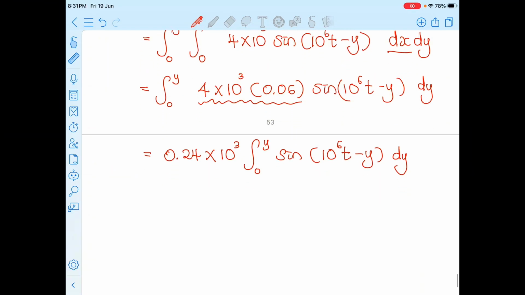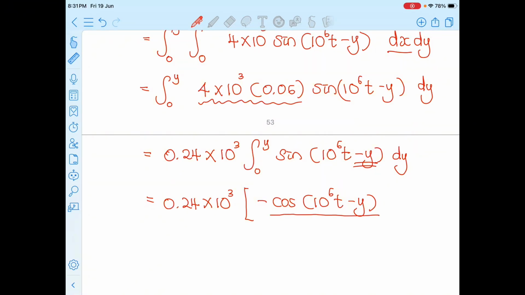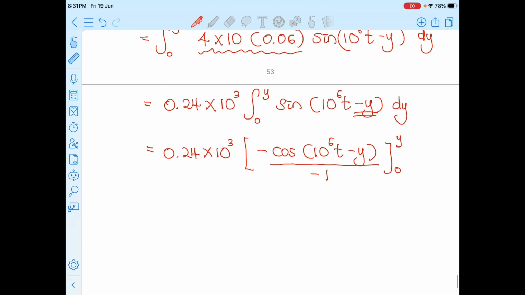For the integration with respect to the y, the sin will become negative cos. So you write negative cos 10 power 6t minus y, and then you have to divide by negative 1 because here is negative y. The limits are y and 0.